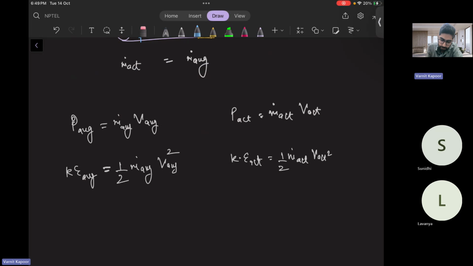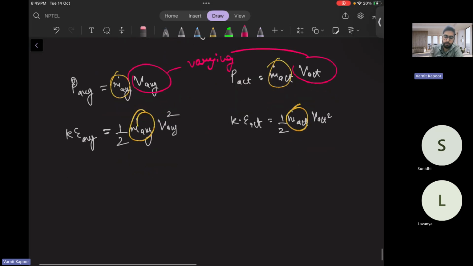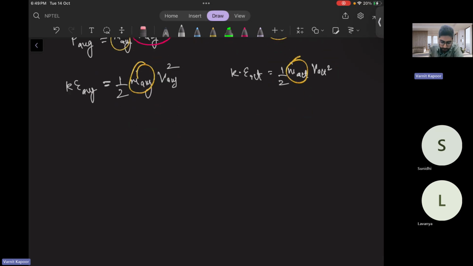So these terms are the same because mass actual and mass average are the same, as I've said. What is varying? V average and V actual. So this and this are varying because velocity is different. That means my P actual, that is momentum transfer actual, will be greater than momentum transfer average, and kinetic energy actual will be greater than kinetic energy average.